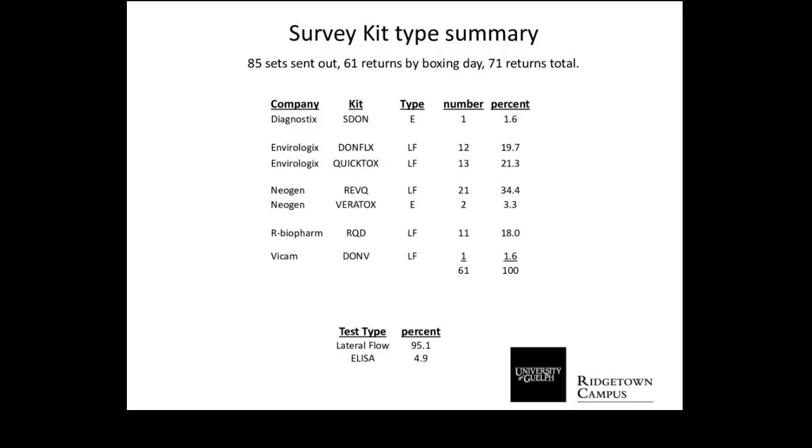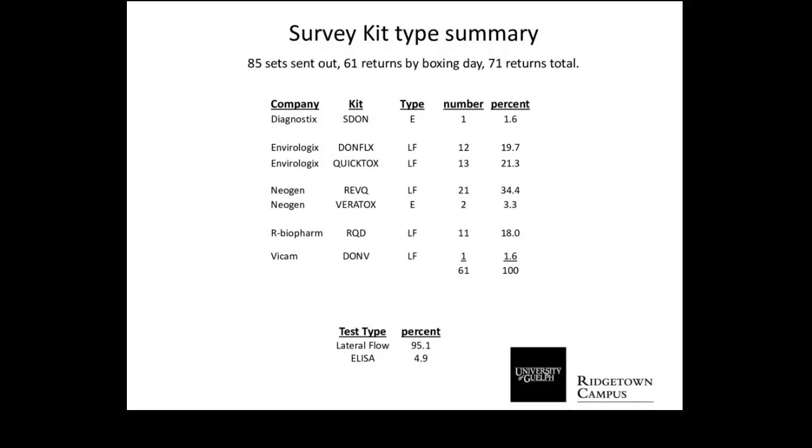Most of them are lateral flow tests. A lateral flow test is very similar to a pregnancy test. It's basically like a piece of paper that has a little area of antibody on it, and then the liquid, you dip the test in the liquid, and then the liquid runs up the strip and comes in contact with that little area of antibody, and that antibody gets a certain color.